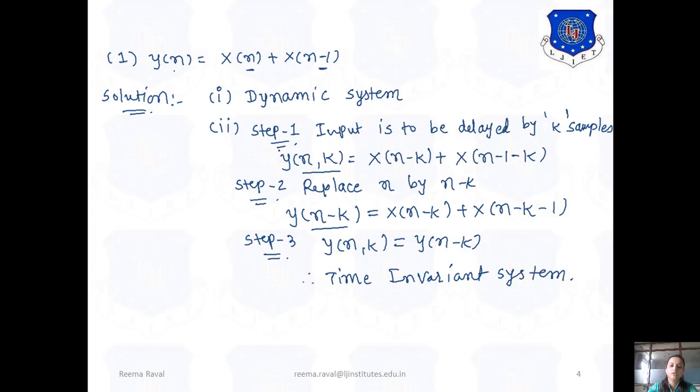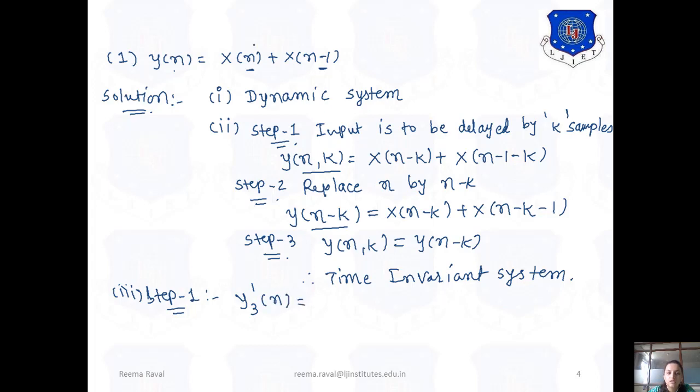Now the third one: we need to check whether the system is linear or non-linear. For that, step number 1, as we have seen in the previous lecture, we check the superposition theorem. First we take individual signals and then add them, which is called y3 dash of n.